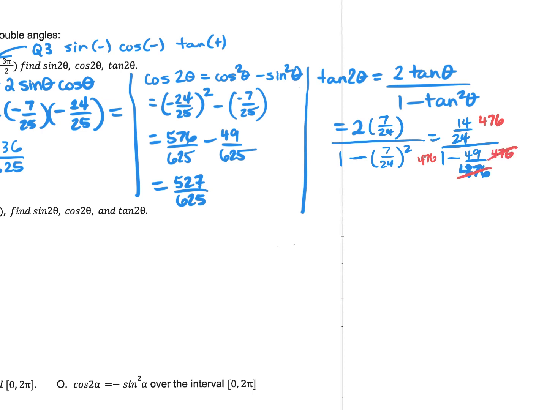That goes away. And the reason I can do that is I know that 24 goes into 476 24 times, doesn't it? So now my fraction is down to 14 times 24, which I think we found was 336, over 476 minus 49.